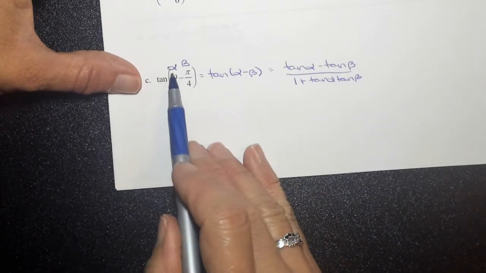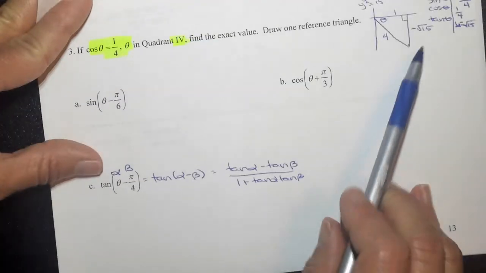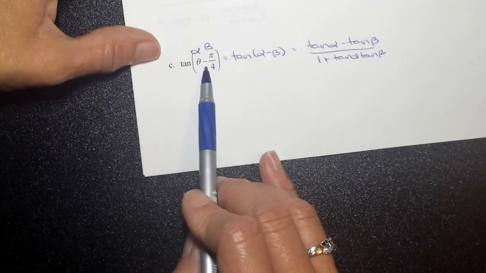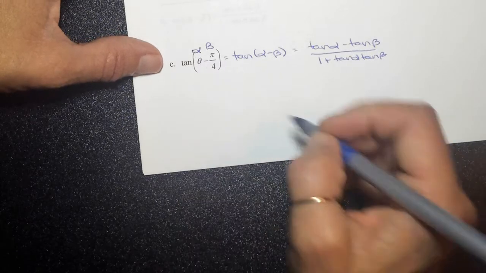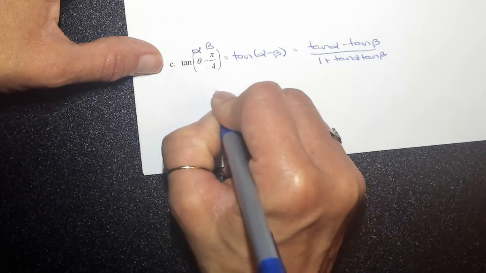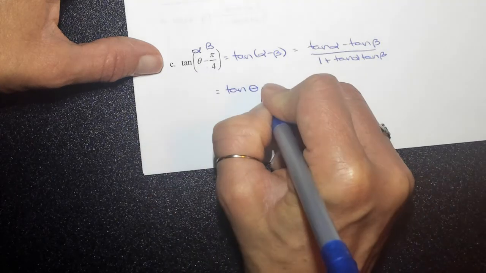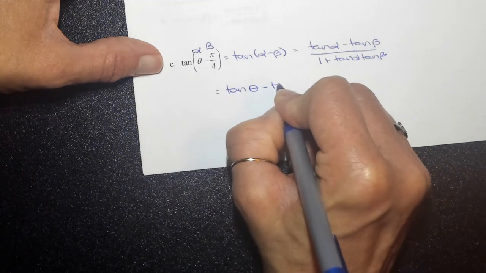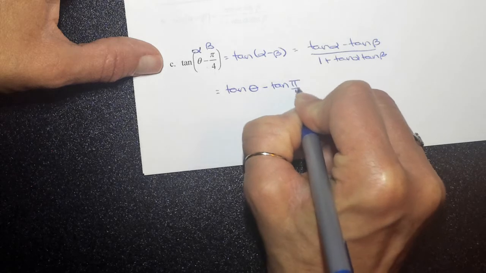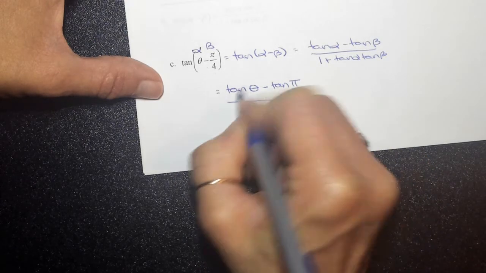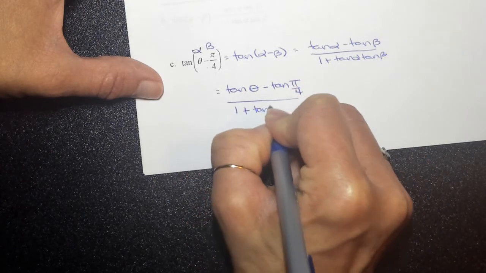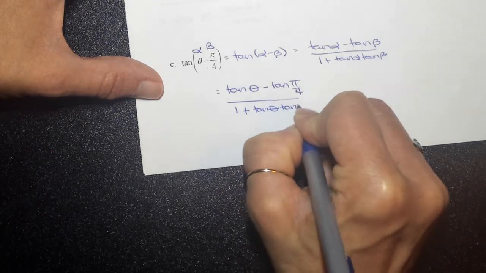So now we have our alpha, which is our theta, which is up here, and then they gave us beta. So we're going to plug everything in. So this would be equal to the tangent of our theta minus the tangent of pi over 4 divided by 1 plus the tangent of theta tangent of pi over 4.